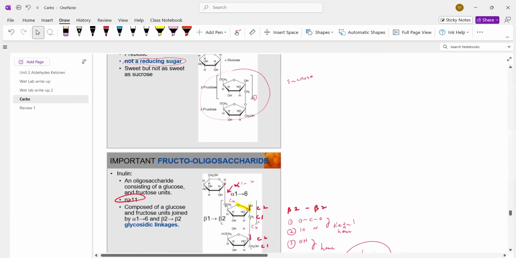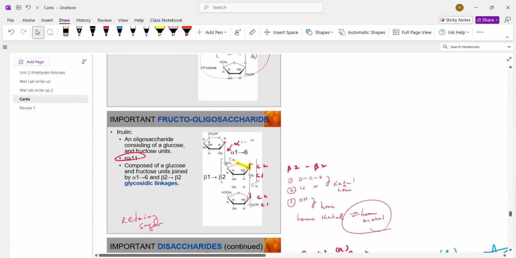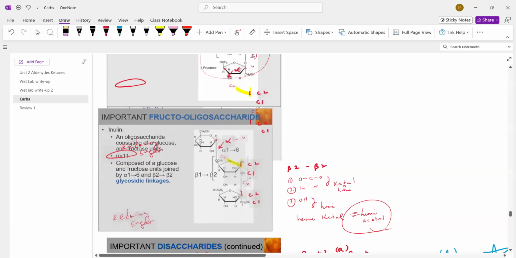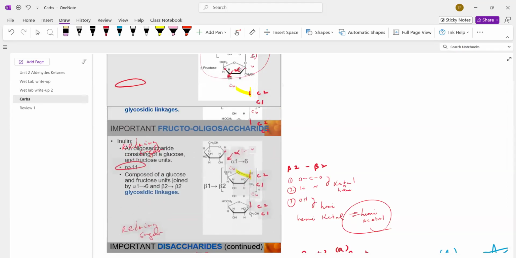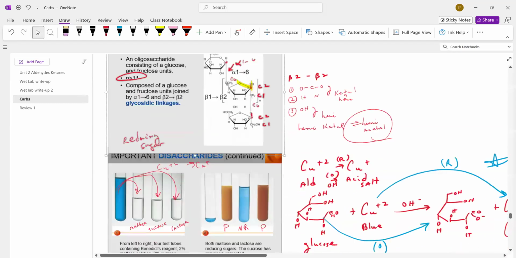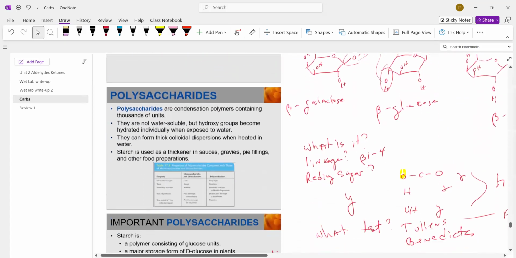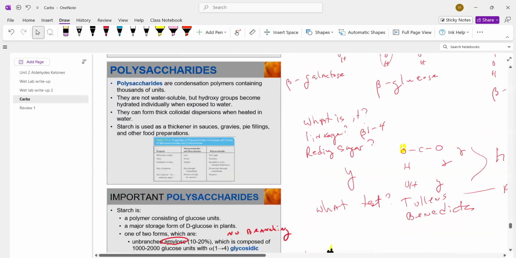Sometimes, when this n gets really large, here in the inulin, we can have a whole bunch of fructoses. But the most common polysaccharides are made up of glucose. Sometimes they're really large too.